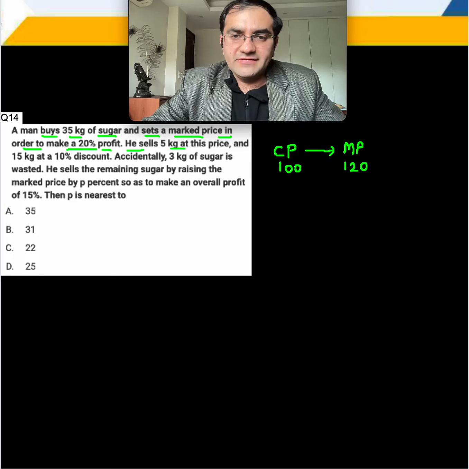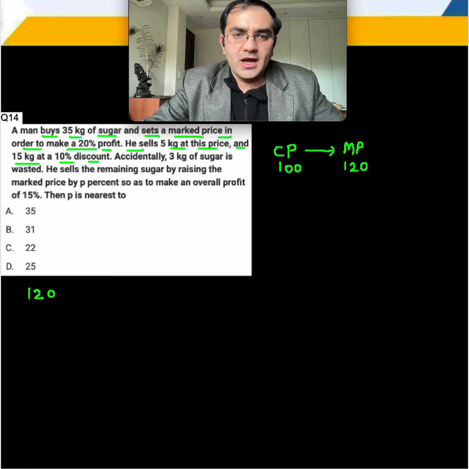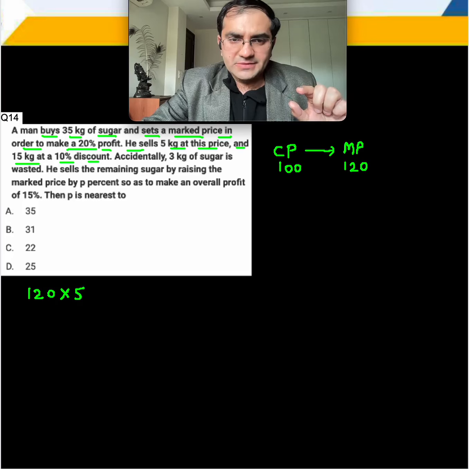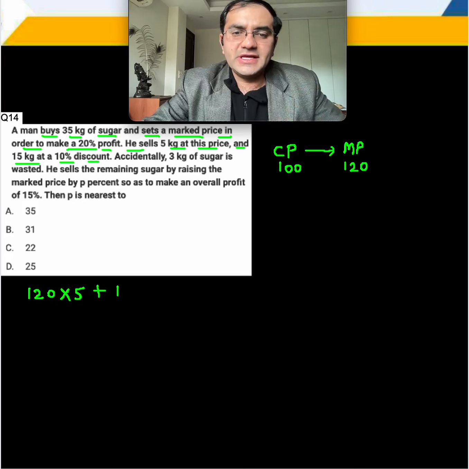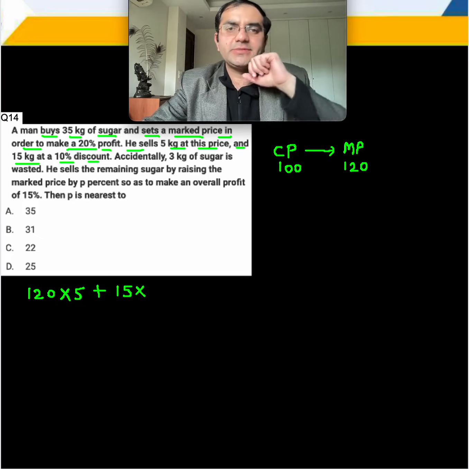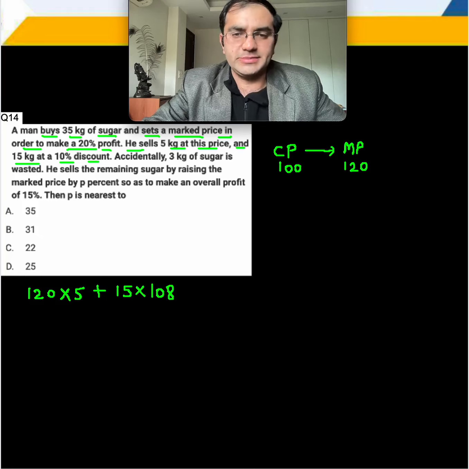He sells 5 kg at this price and 15 kg at a 10% discount. So let's start selling. At this price, 120 rupees for 5 kg and then 15 kg at a 10% discount. So on 120 rupees give 10% discount, it becomes minus 12 rupees, 108 rupees. 108 rupees gone.